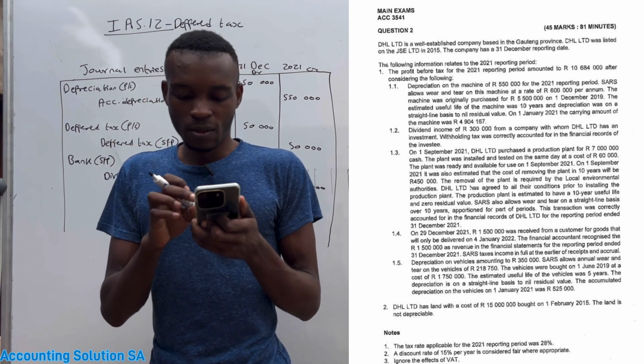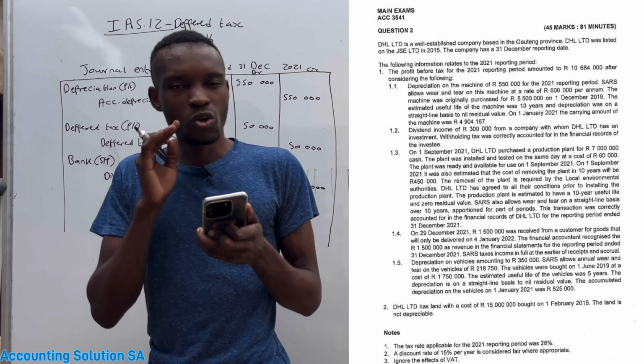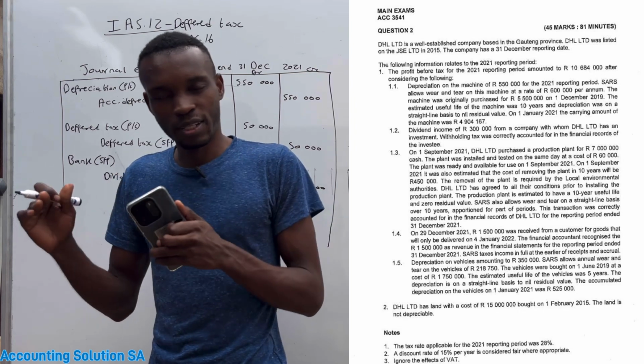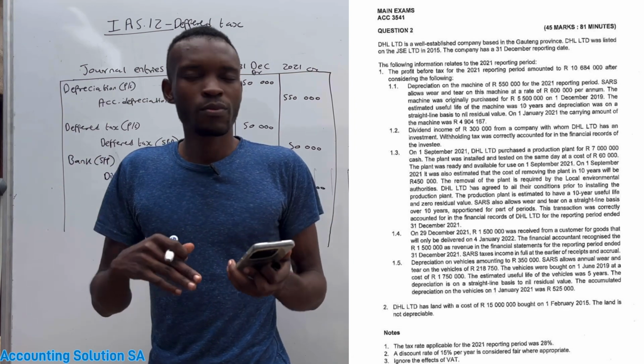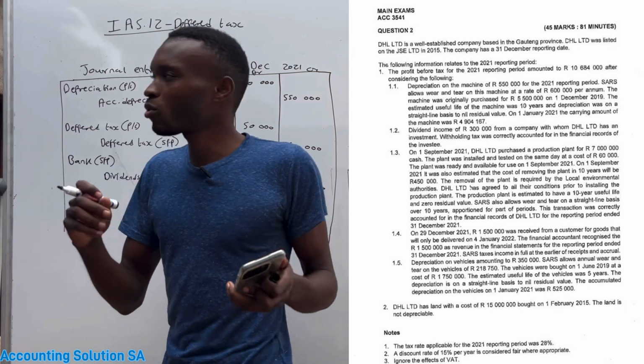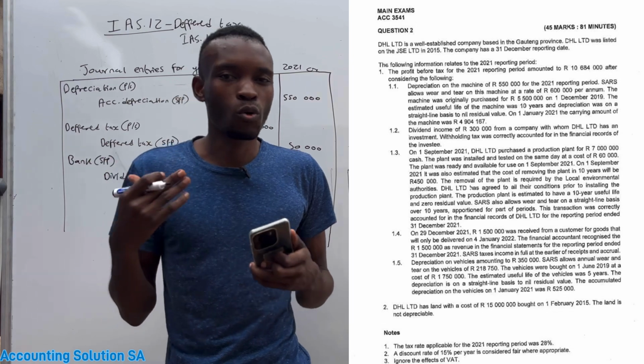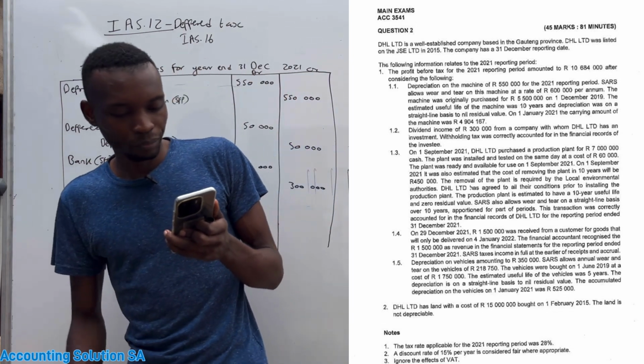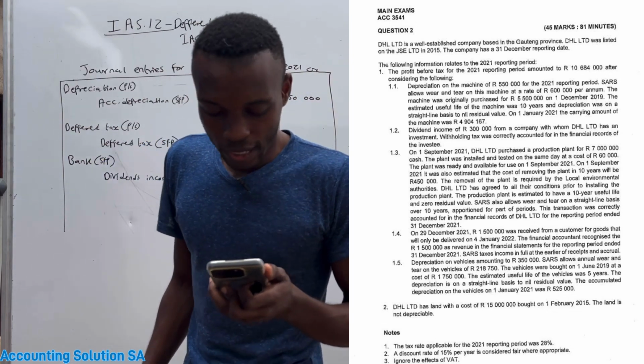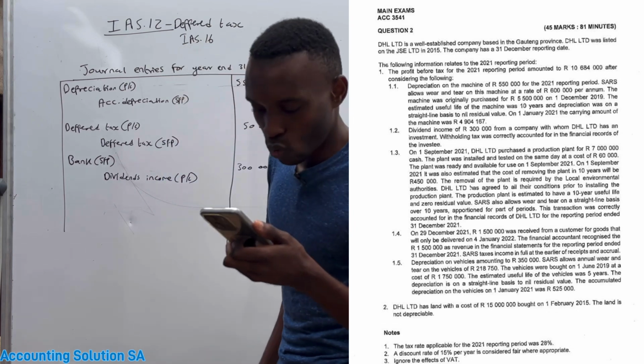So this 7 million, don't worry about taking out VAT. If it's VAT inclusive, you need to take out VAT in terms of IAS 16. VAT is not allowed under the cost of a PPE item. Okay, let's continue now.